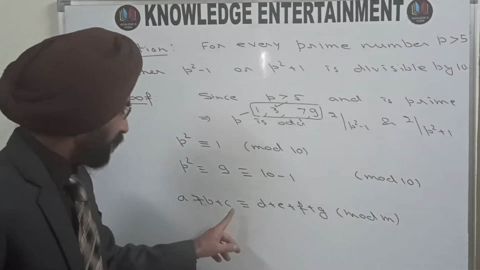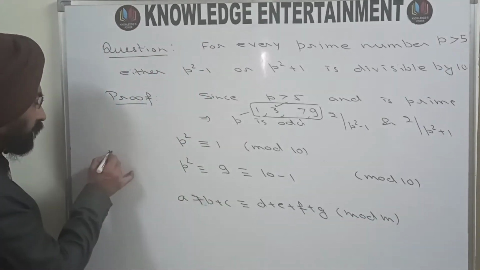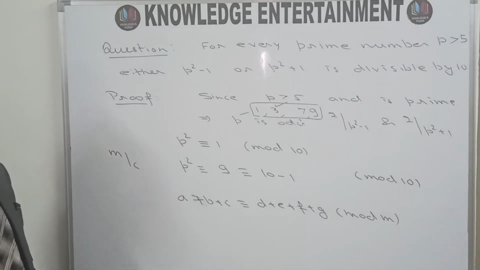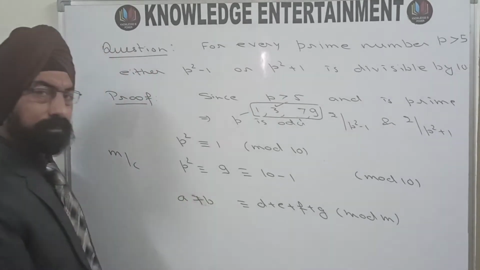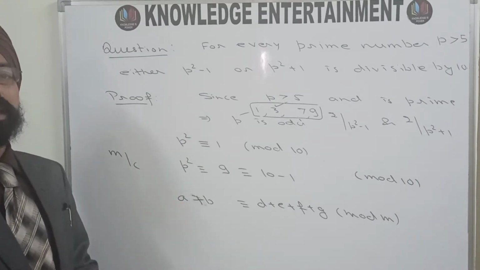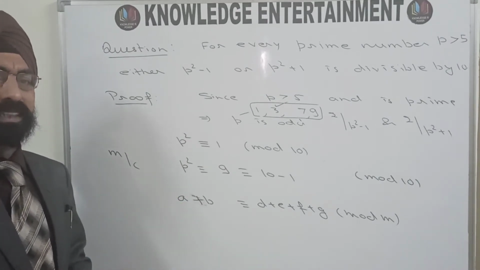Suppose M divides C, then by deleting C from here, the congruence equation will still be right.